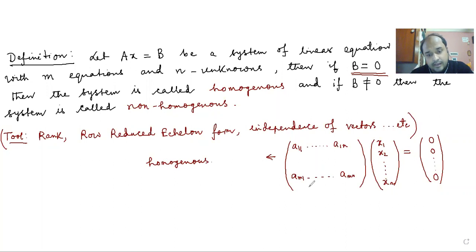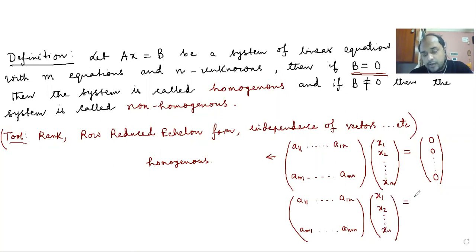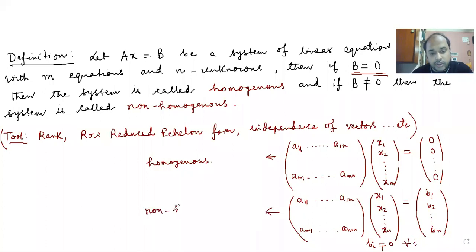Now, on the other hand, if we have a system like this, and on the right hand side, I'm writing small b1, small b2, dot, dot, dot, small bn, where bi's are not equal to 0 for all i, then that system is called a non-homogeneous system.